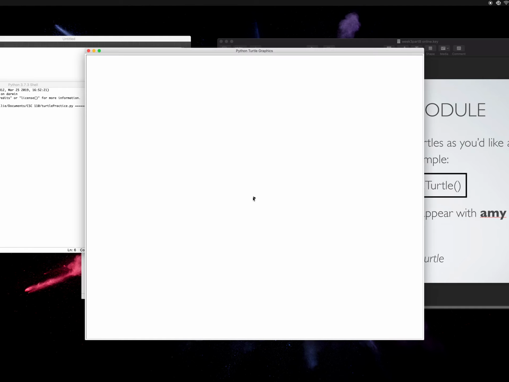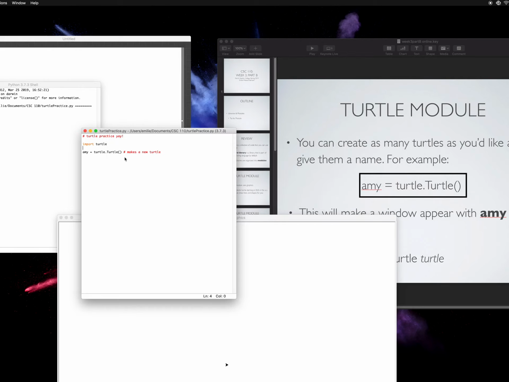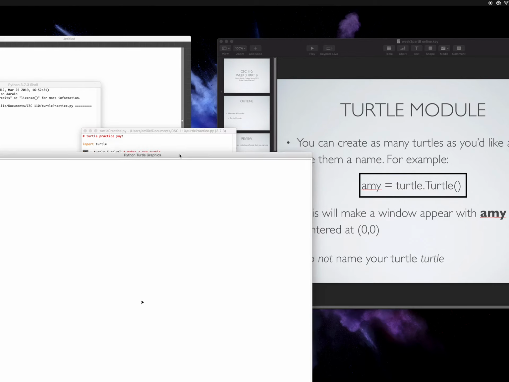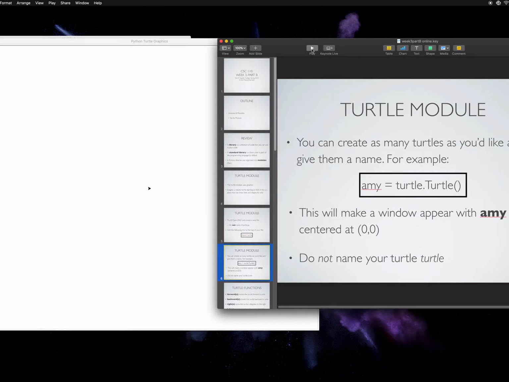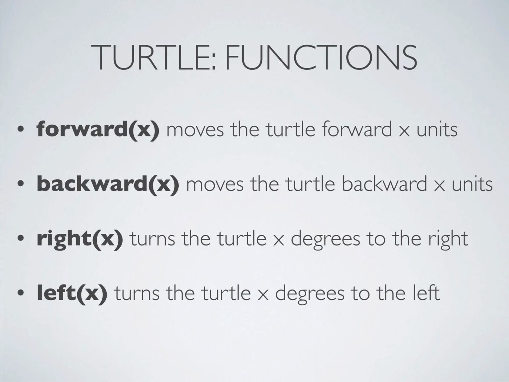This arrow right here, I know it doesn't look like a turtle. There is a way you can make it look like a turtle, but for now we'll just look at the arrow. But this is our turtle. This is Amy, because I named mine Amy. And now I can give Amy directions in code. For example, I can tell Amy to move forward, or move backward, or turn right, or turn left.